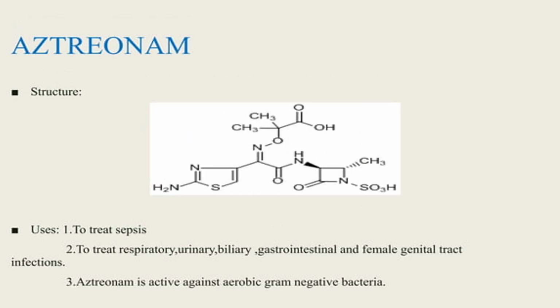Next example is aztreonam. This is used to treat sepsis, that is pus formation in the affected area. This is also used to treat the respiratory tract, biliary, gastrointestinal and female genital tract infections. Aztreonam is active against aerobic gram-negative bacteria.